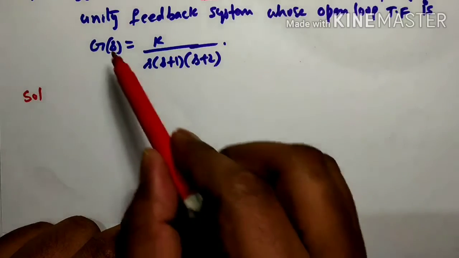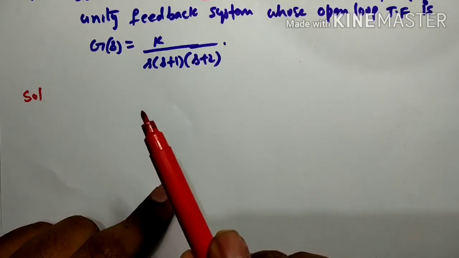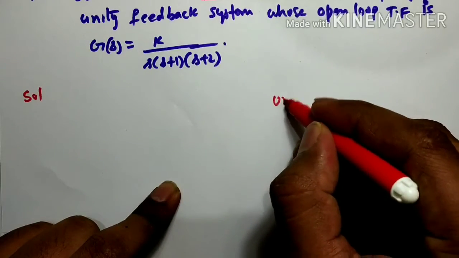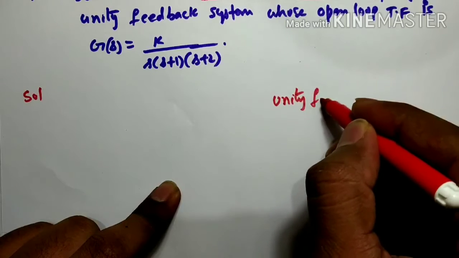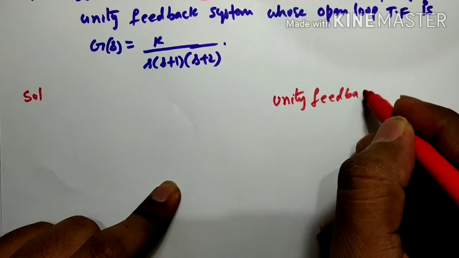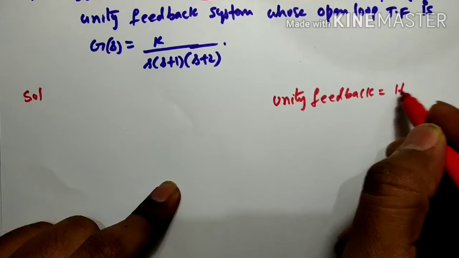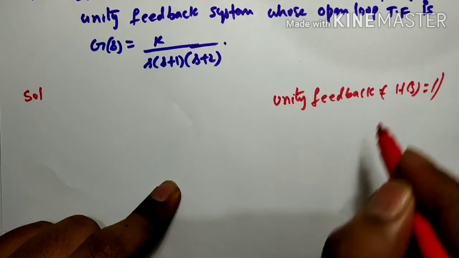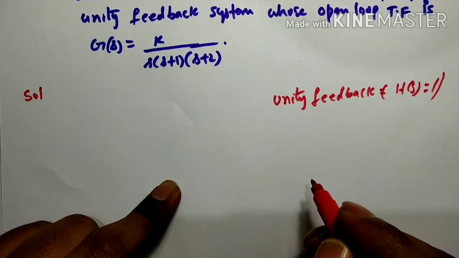Also, here it is given unity feedback. Unity feedback means H of S is equal to 1.